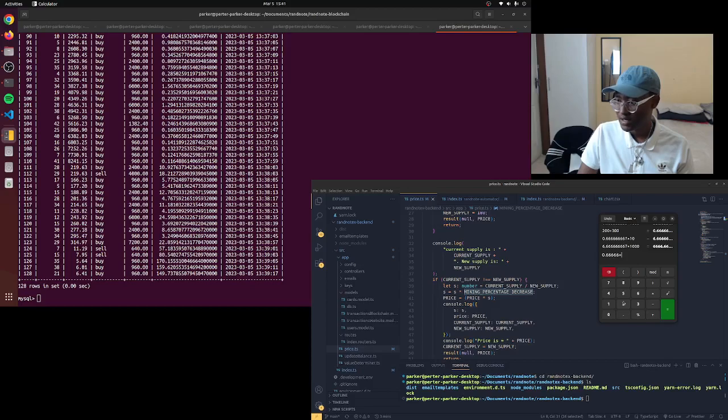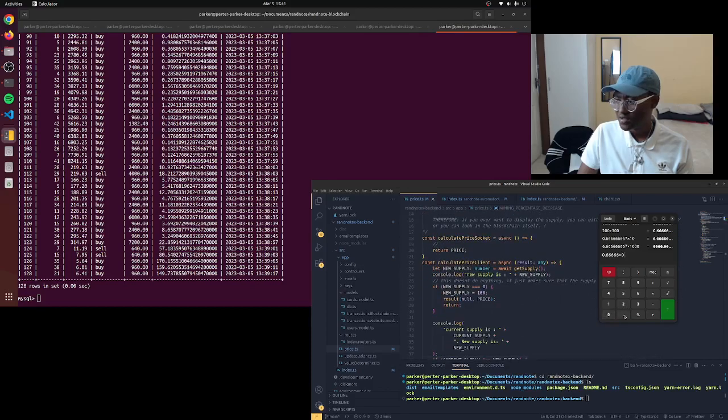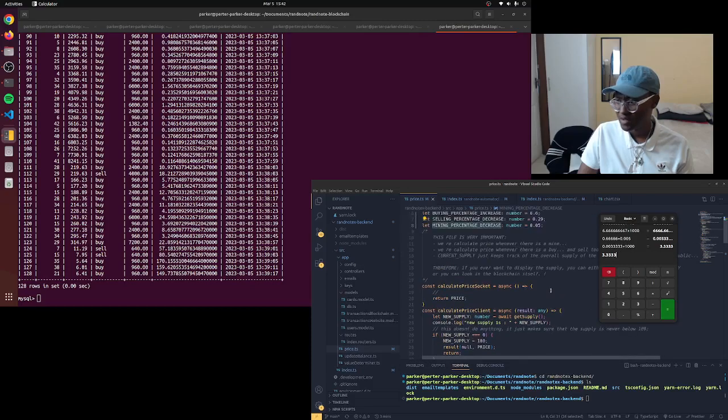The 0.666 is the value, so we multiply by mining percentage decrease, which is 0.05. Let's just say 0.005 equals, then we multiply this by the price. The smaller the value is, the smaller the price will become.